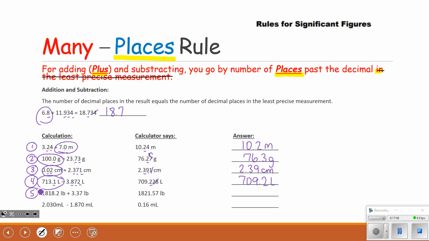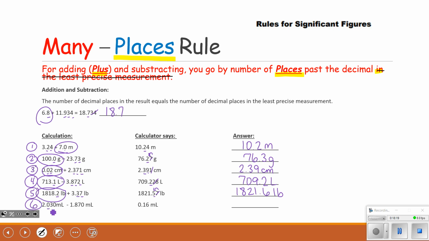For number 5, you have 1 place past the decimal there, 2 past the decimal there, so your answer can only hold 1 place past the decimal. The 7 drops, but it will round that 5 up to a 6. So that is expressed as 1,821.6 pounds. And then last one, number 6.